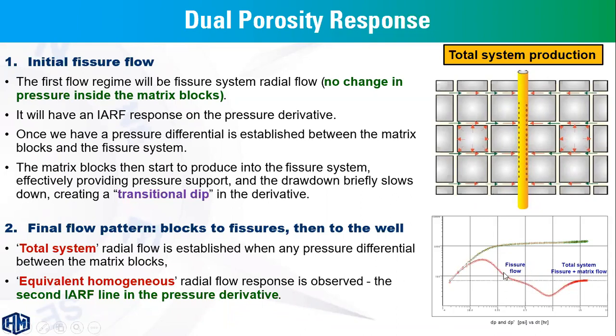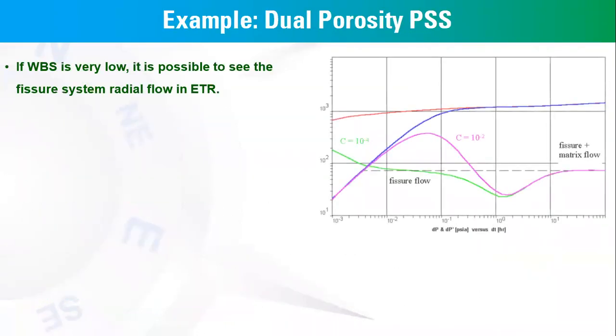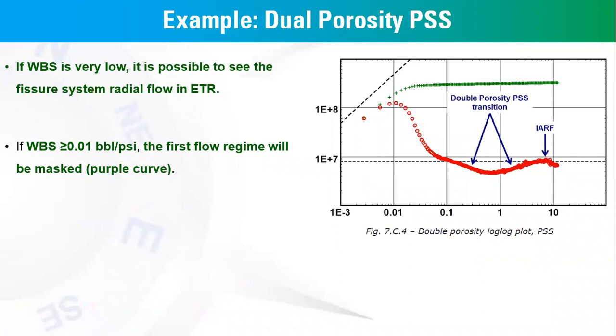So simply we have the first infinite acting radial flow for the fracture, in between we have the transitional dip, and finally infinite acting radial flow for the total system. So this is an example of a dual porosity system. At first we have the wellbore storage unit slope straight line and this hump for skin, then the first radial flow for the fracture, then the transitional dip, and finally the radial flow for the total system.